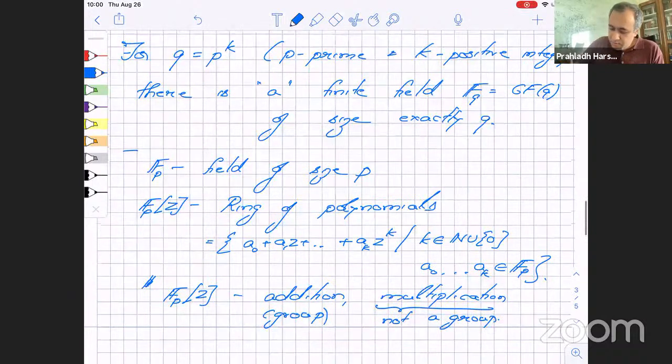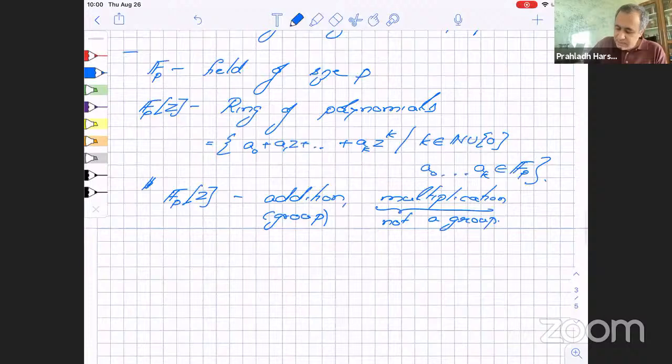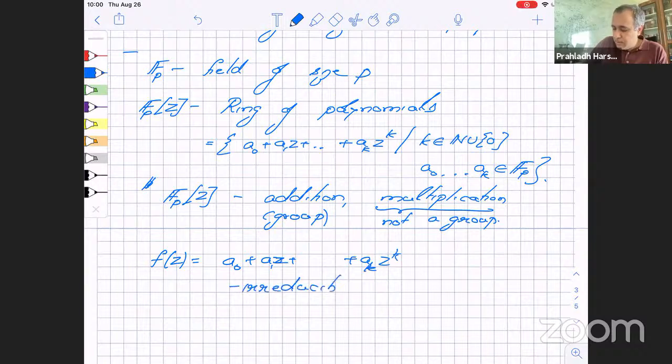But what we will do is take a polynomial f, some polynomial a0 + a1 z + ... + ak z^k, which happens to be an irreducible polynomial. What do I mean by this? I haven't formally defined it.